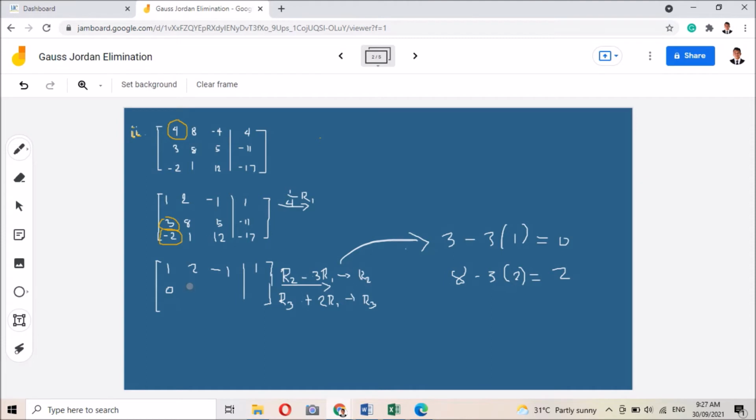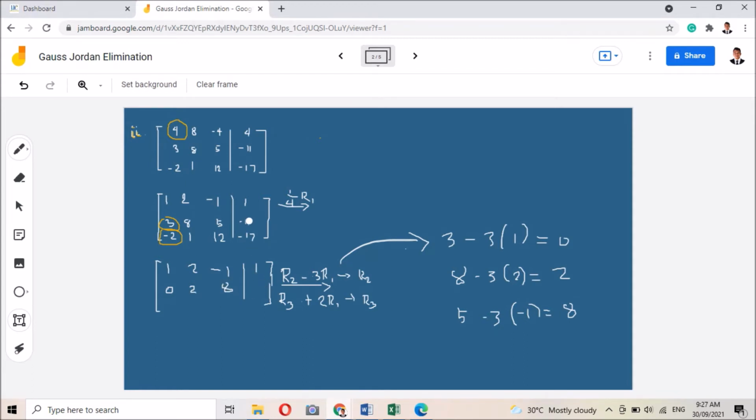Then the next entry, 5: 5 minus 3 times negative 1 gives 5 plus 3 equals 8. So we write here 8.